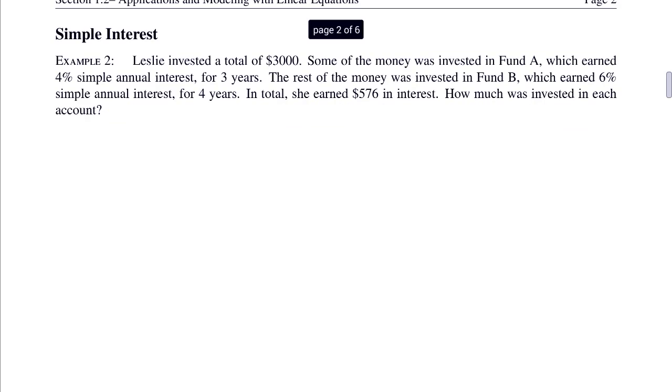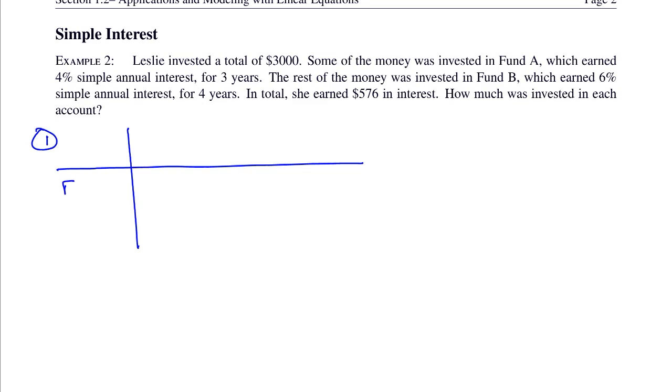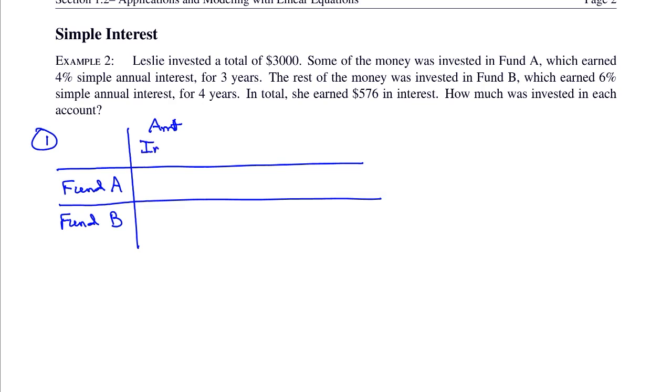All right. This is a great problem to draw a table. And we're going to have several parts to our table. First one is we're going to have things that happened with Fund A and things that happened with Fund B. And what we want to look at first off is the amount invested in each of the funds.